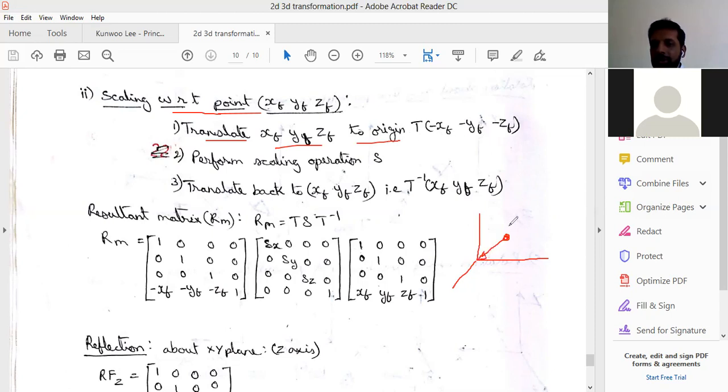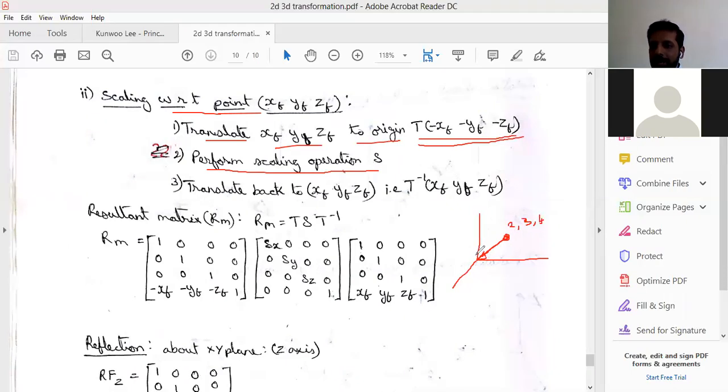So if this point has, say for example, 2, 3, and 4, that is 2 in the x coordinate, 3 in y, and 4 in z, then to bring it back to the origin, we have to use -2, -3, and -4 for x, y, and z, so that this point will move to the origin. That is why we subtract the same values, translating the point to the origin.